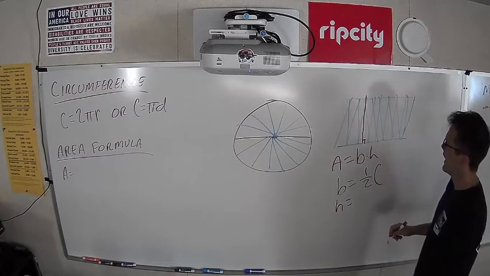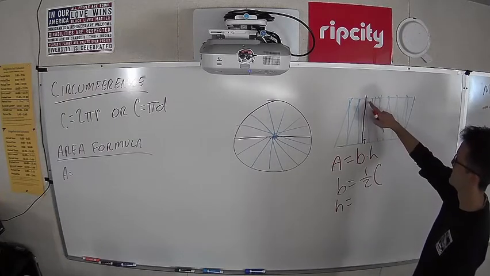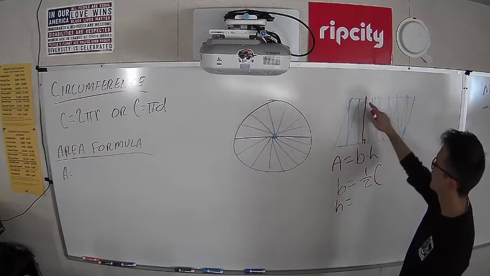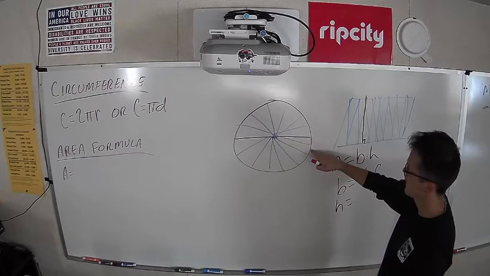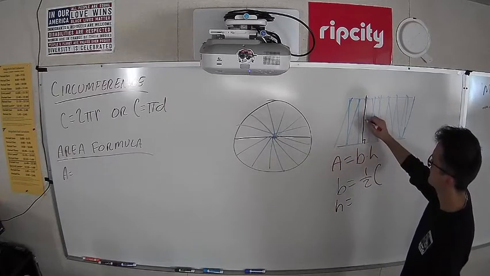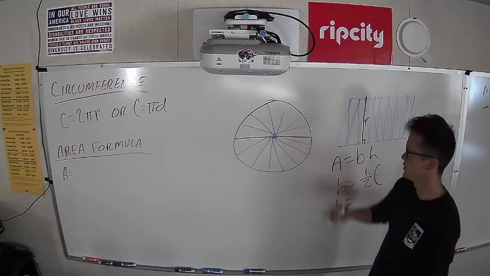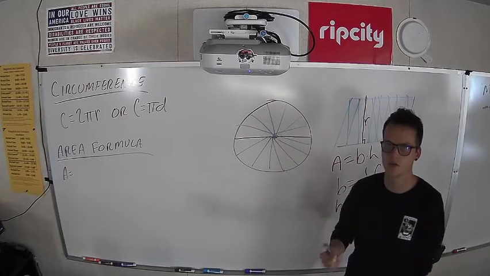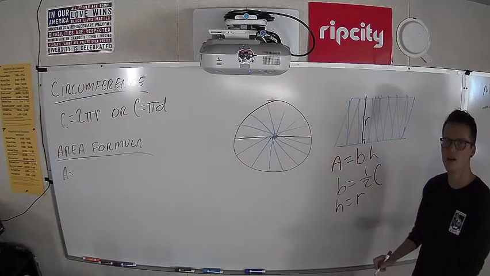I think it's going to be the radius of the circle, because it's the distance from the center, where the pointy part of our pizza slice is, going straight out to the side of the circle. This is going to have length r, because it's the distance from the center to the circle. And it can be anywhere, because all of the distances from the center to the side of the circle are r. So the height of this thing is just r.